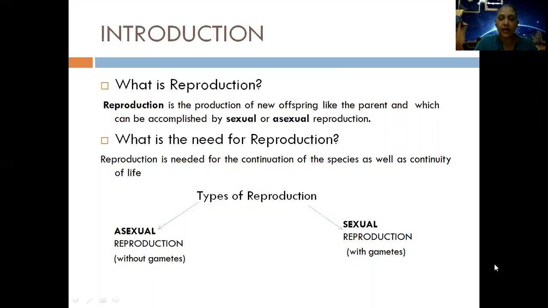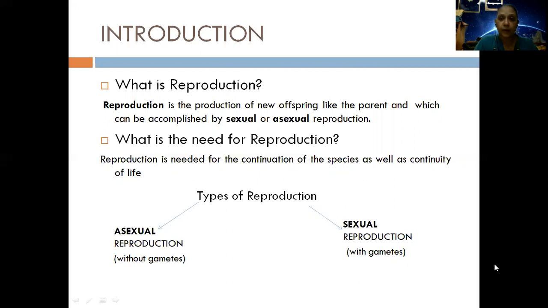A hibiscus flower will give rise to a hibiscus flower, and a rose plant will give rise to a rose plant. So it is producing a similar kind of offspring just like the parent plant.